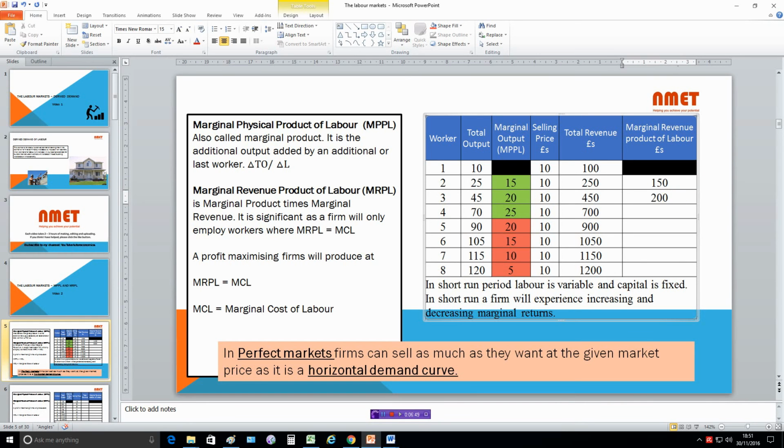Then 250. Then 200 again, 150 again, 100, and 50. And this can be seen as the difference in total revenue as well: 250 less 100 is 150, 450 less 250 is 200, 700 less 450 is 250. So every additional worker's change in total revenue all correlates together.